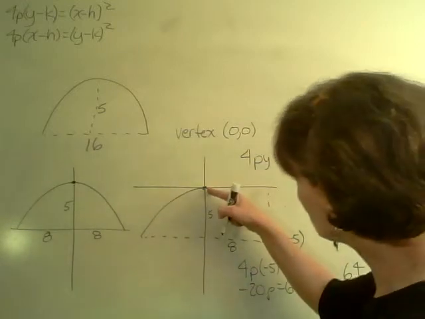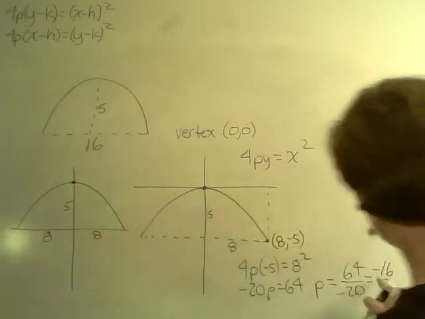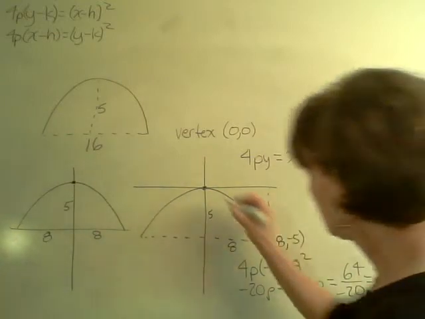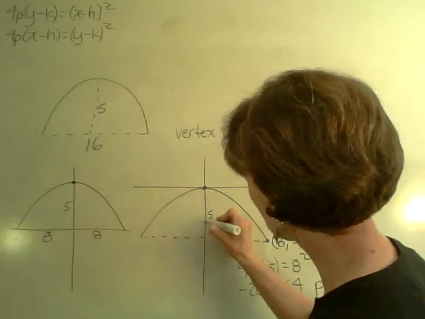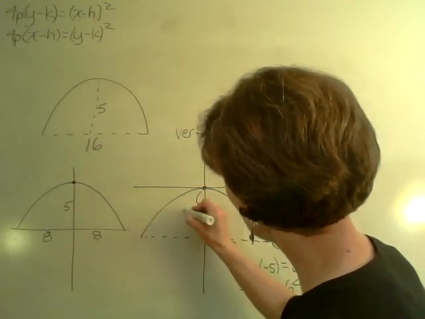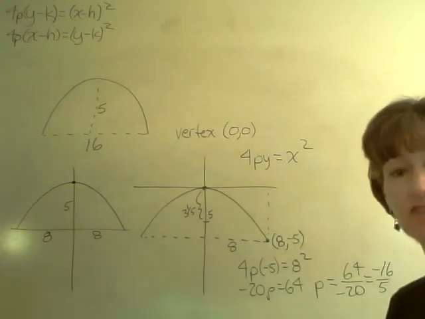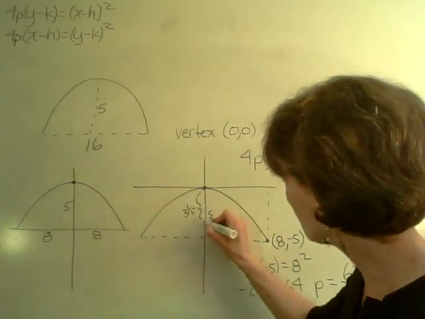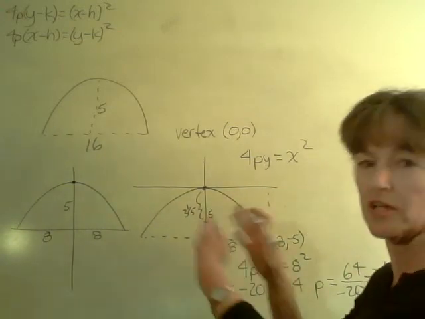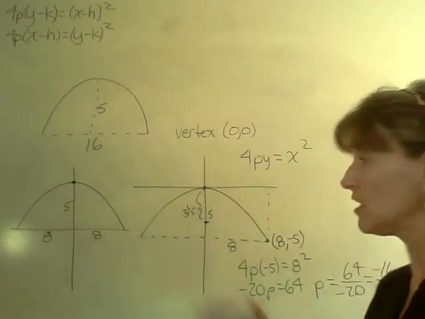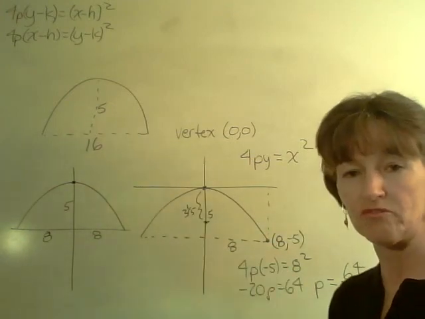That means my focus is 3 1/5 units down, 3 1/5 units away from my vertex. Now I found my focus. This is where I want to put whatever it is that I'm going to be using this parabolic reflector for.